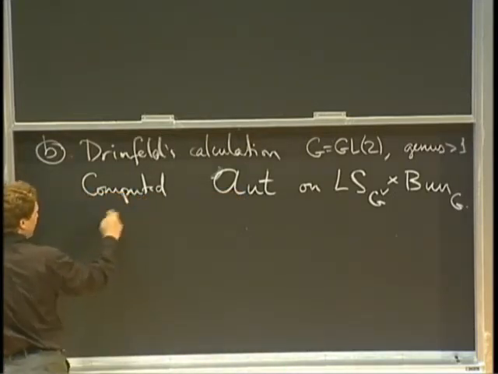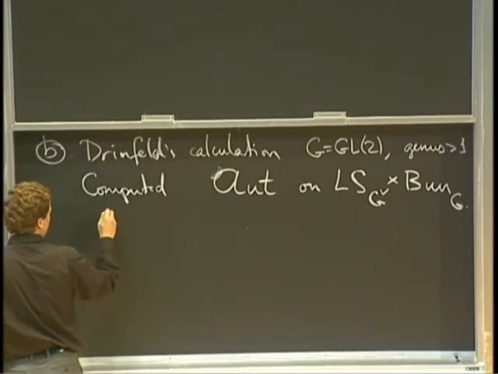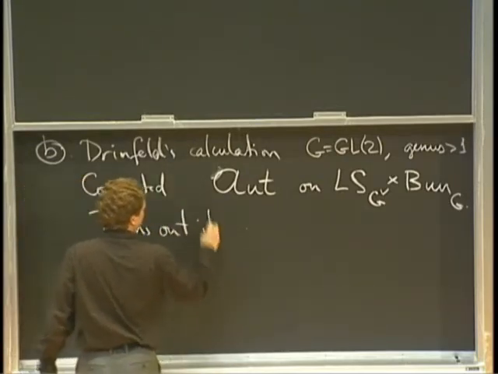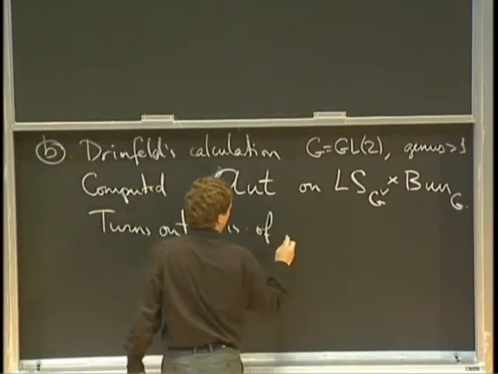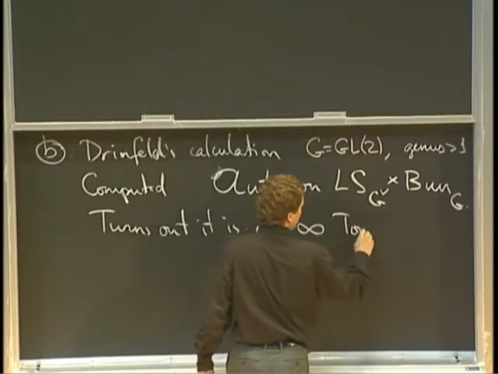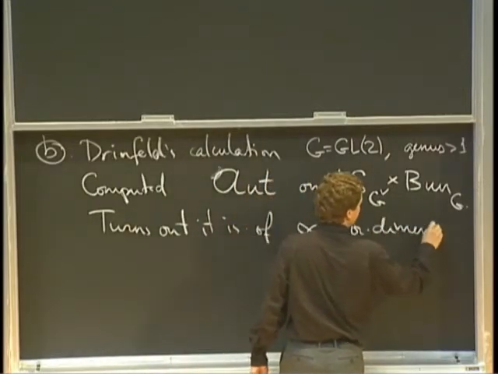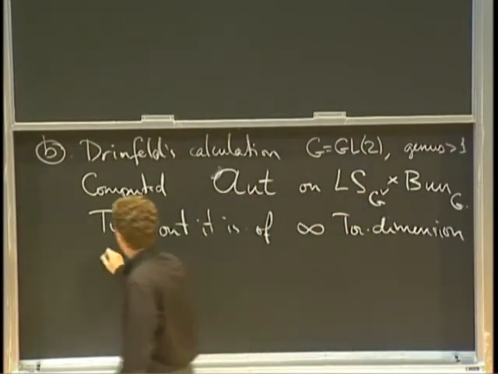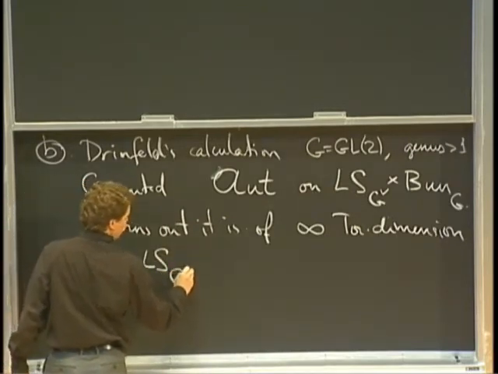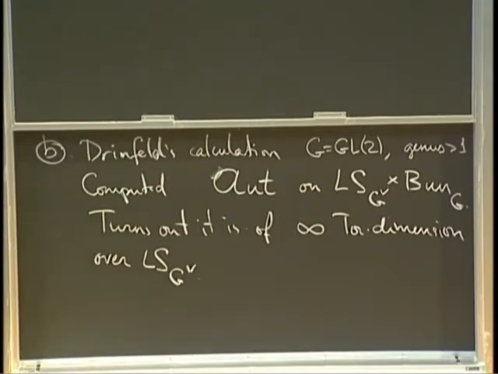So let me write this down. It turns out it is of infinite Tor dimension over the stack of local systems. And this again leads essentially to the same problem.